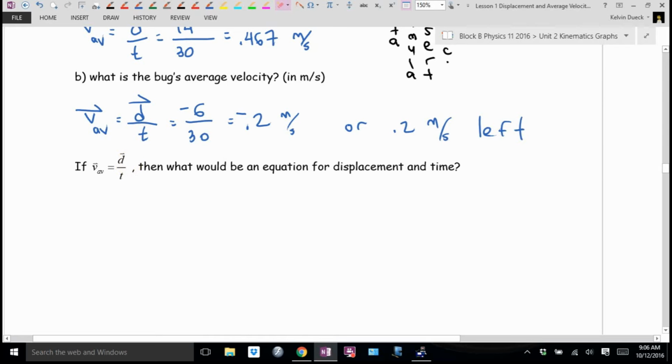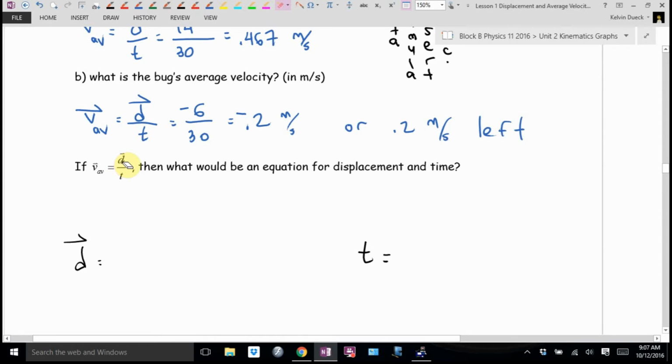Well, an equation for displacement would have that by itself. An equation for time would have that by itself. Catherine, you okay with that? Thumbs up. How would I get the d by itself?